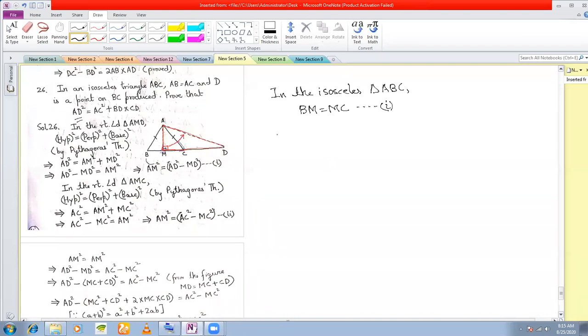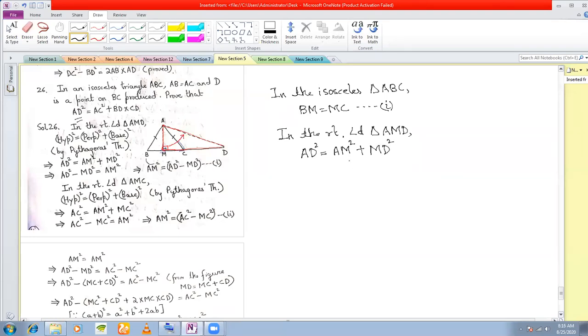Now I'll consider the right angle triangles. In the right angle triangle AMD, I have hypotenuse square, which is my AD square, is equal to perpendicular square, AM square, plus base square, which is your MD square.